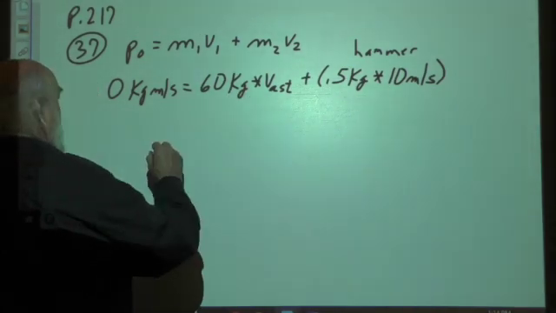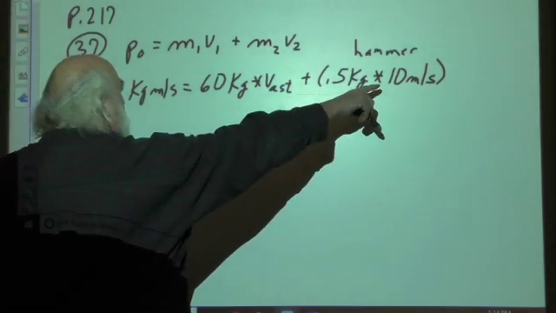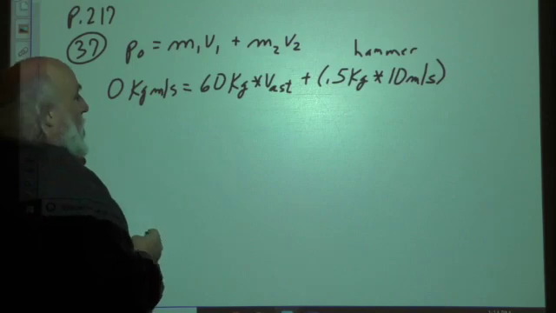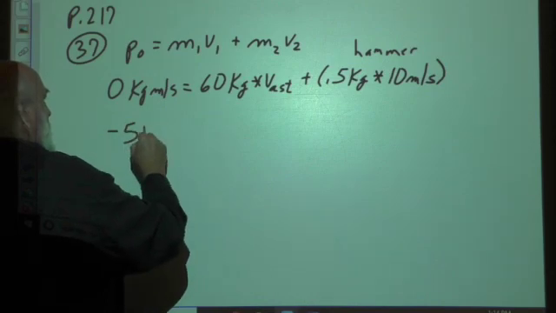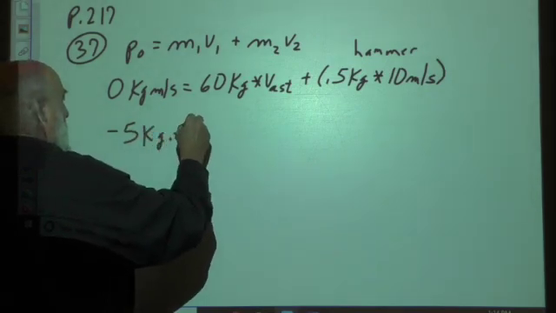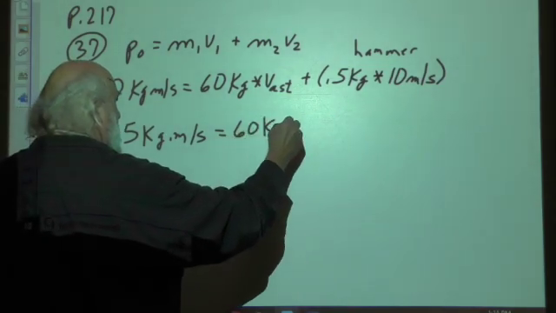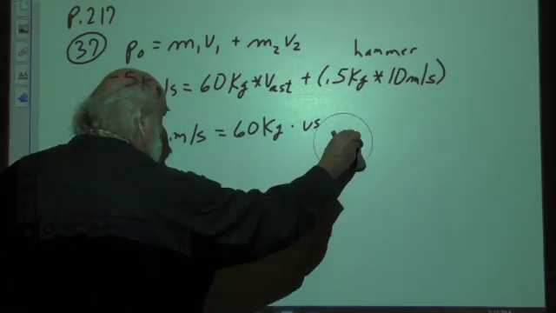All right? So we solve this equation right here. This is 5, so this becomes negative 5 kilogram meters per second equal to 60 kilograms times the velocity of the astronaut.